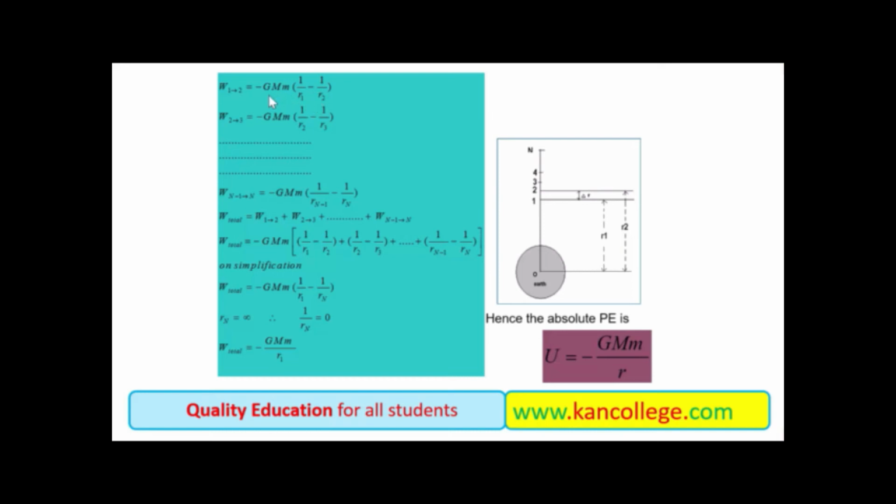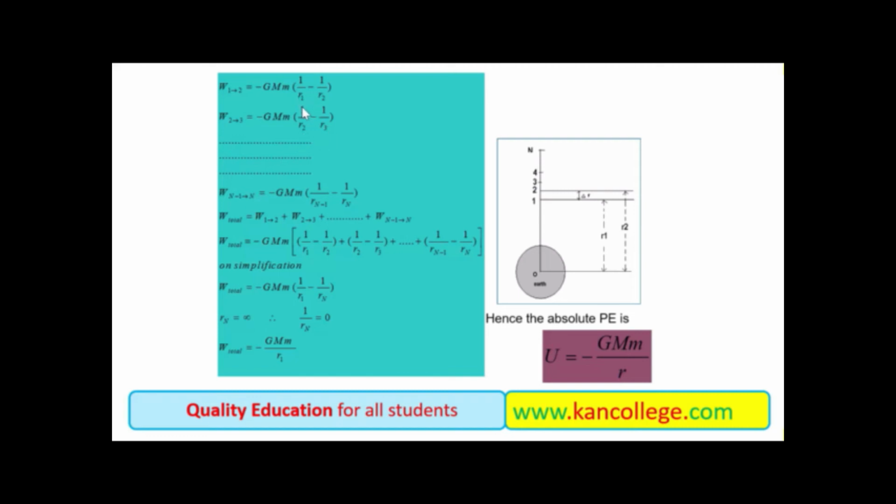You see that over here G is a constant term, capital M is a constant term, and small m is a constant term, as these don't change during the motion from first to second point. Similarly, if we move from second to third point, these terms will remain the same. Mass of earth remains same, mass of the body remains same, and the gravitational constant remains same. Only the distances change when we move from second point to third point.